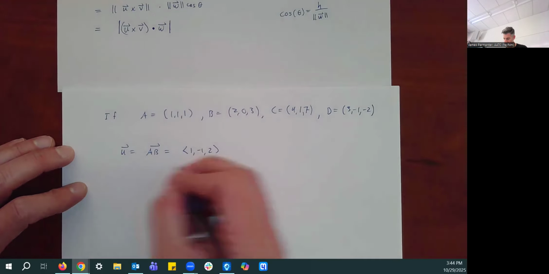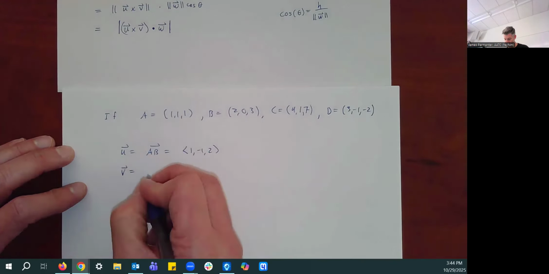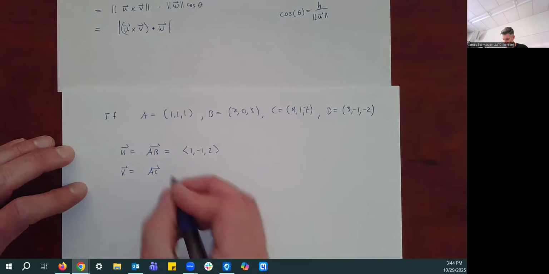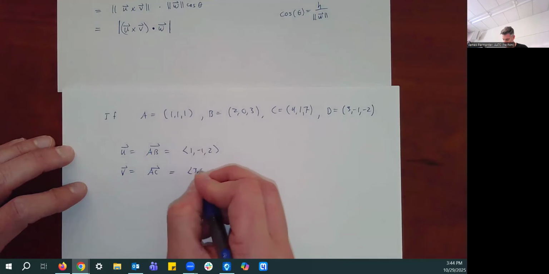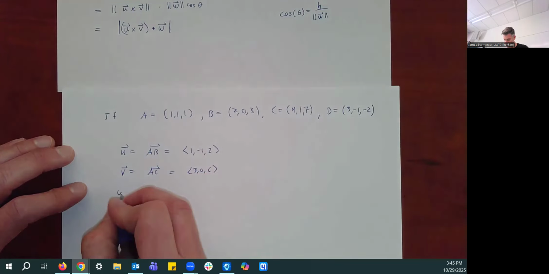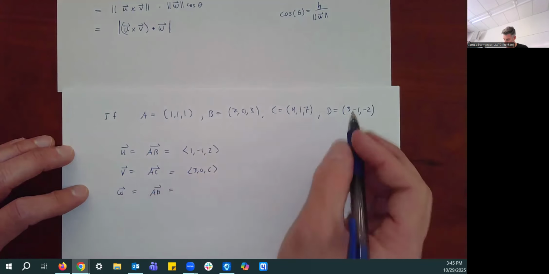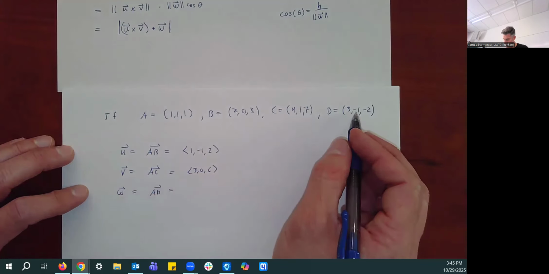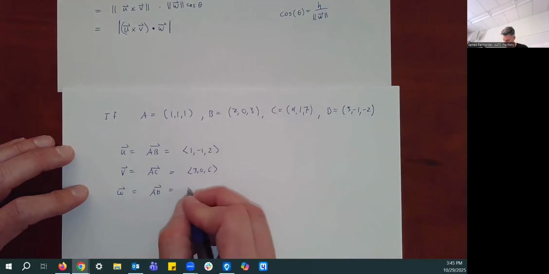And I have to find V, which is the vector AC, which is going to be 3, 0, 6. And I have to find W, which is the vector AD, which is going to be 2, negative 2, negative 3.